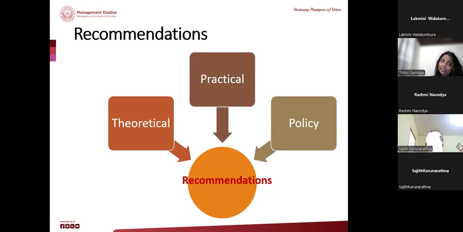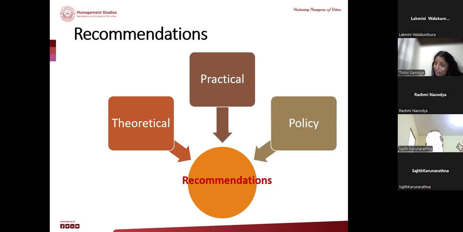But apart from that, you can also think about methodological recommendations that stem from the research findings and provide guidance on choosing an appropriate research design and research method, and how future researchers can enhance the research design to improve the quality and the rigorousness of the study.